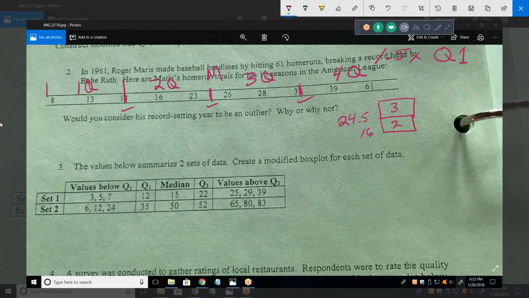And I got the top of the second. Well, the median is 24.5. So the top of the third, I would call 28. And then the very top point is 61.